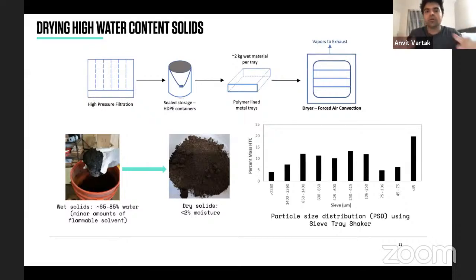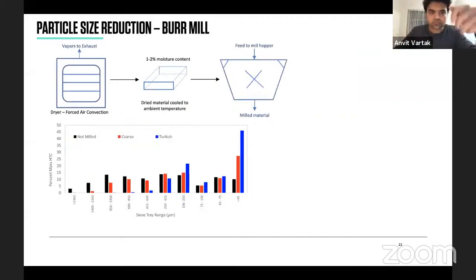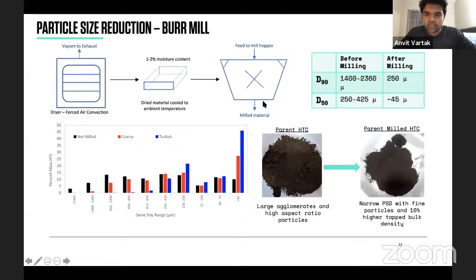So what do we do? We think of how we can break them down. A very easy process that you can think of, or a unit operation, is milling or grinding. So we pass the material through a grinder, and that's how you go from this material that we see, these large chunks, to a nice fine powdered material.